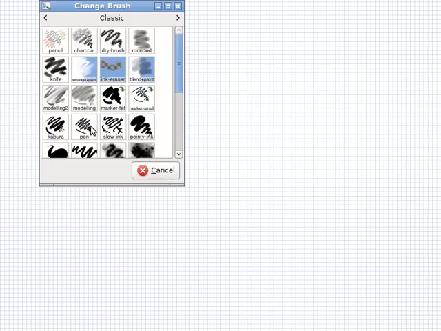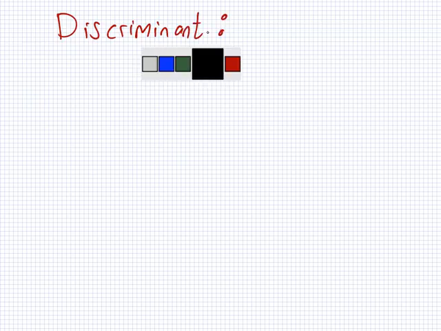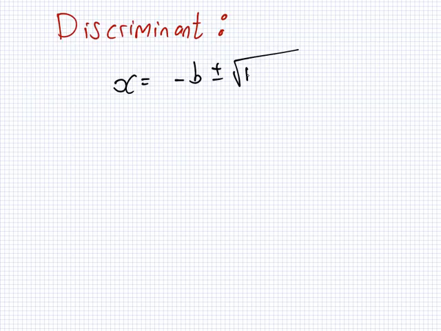Okay, this next lesson now. So we're having a look at something called the discriminant. Okay, so yesterday we had our formula: x equals minus b plus or minus the square root of b squared minus 4ac, all over 2a.